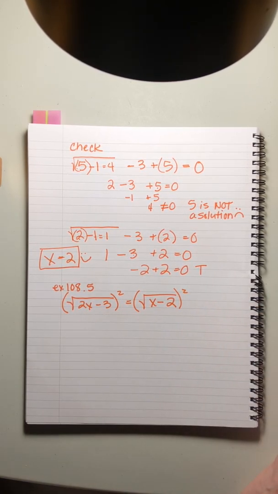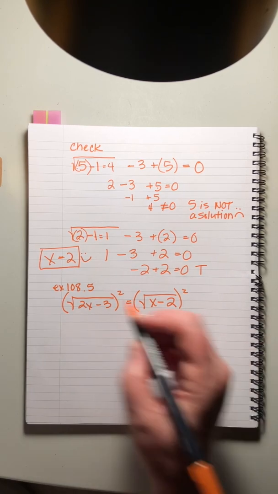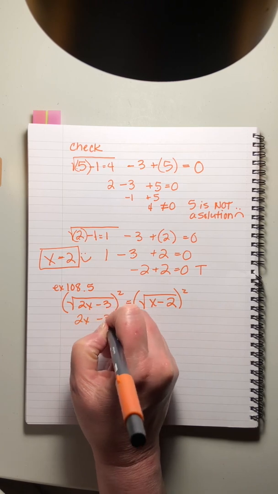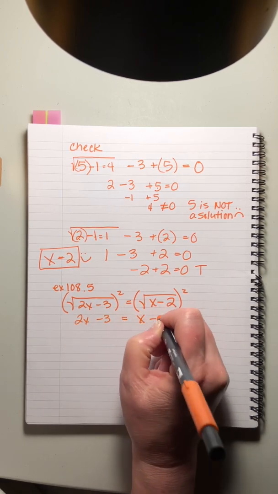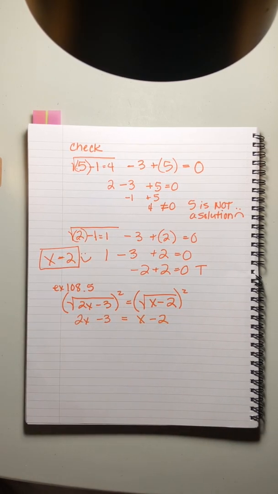I'm kind of happy about that. To tell you the truth, I'm well chuffed. So let's see what happens. Now we have 2x minus 3 equals x minus 2. Oh, all right. Well, shall we swim some fish here and see what we get?